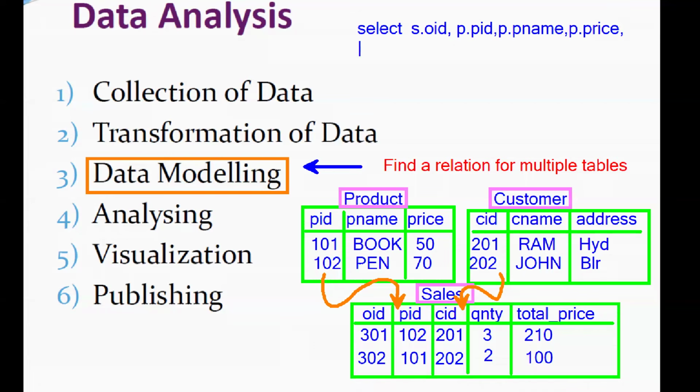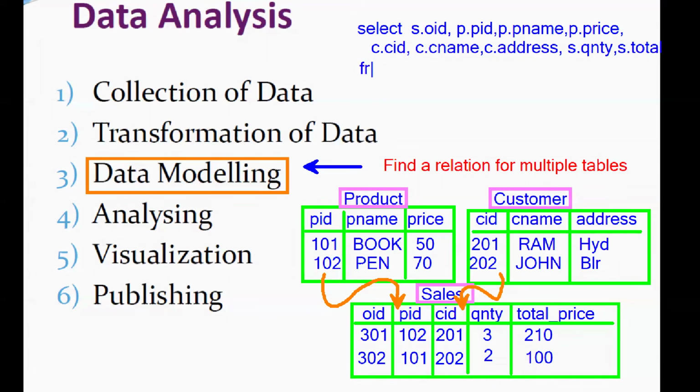Next, customer ID, C dot customer ID, C dot customer name, and C dot address. And how about quantity? S dot quantity. And S dot total price. Okay, so what is S, P?